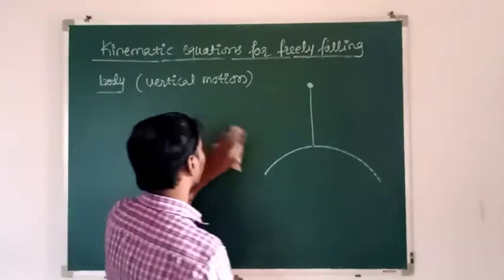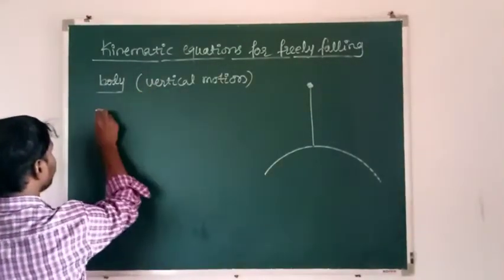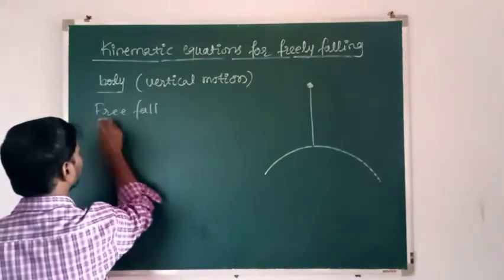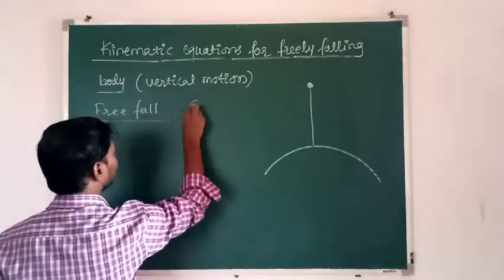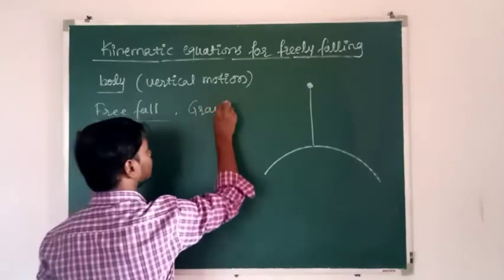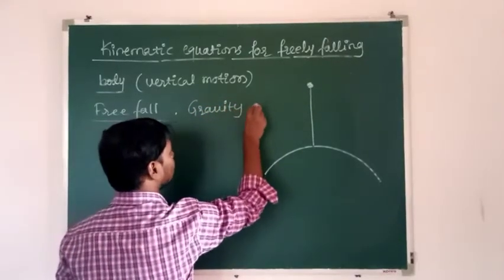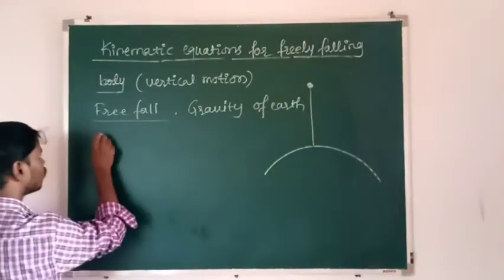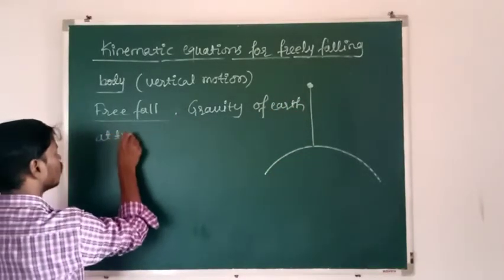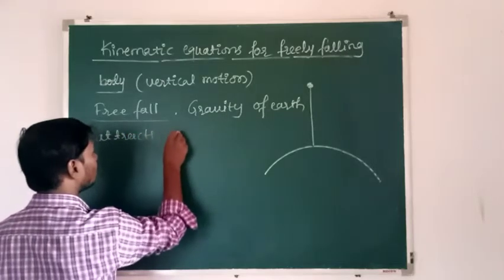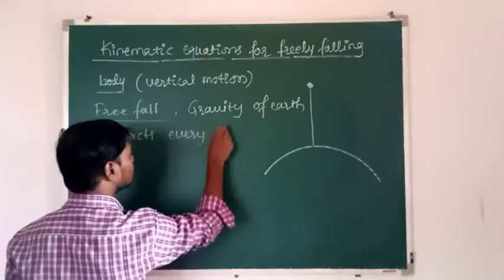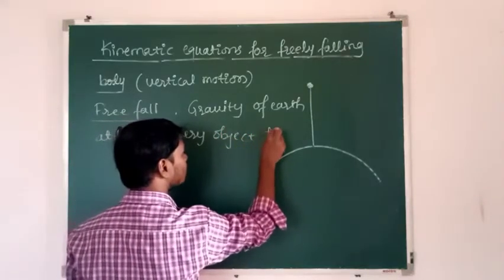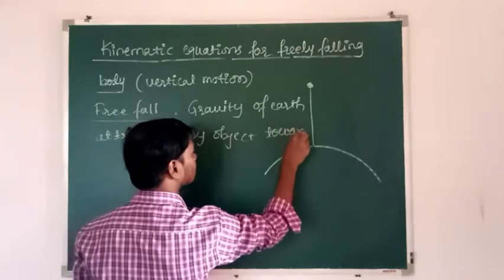Okay, then now what do you mean by free fall? So gravity of earth attracts, means Earth's gravitational force attracts every object or every body towards its center.